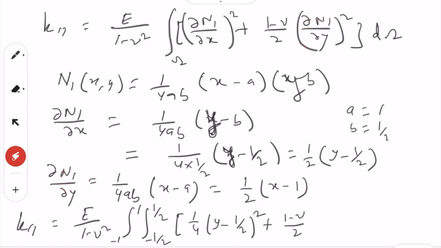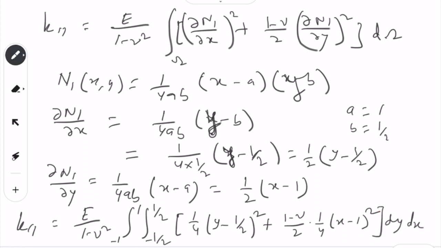So, this becomes 1 over 4 again. So, we write 1 over 4 (x minus half) square, right, okay, and then we have to close it, first dy and then dx. So, this is what the k11 will be.